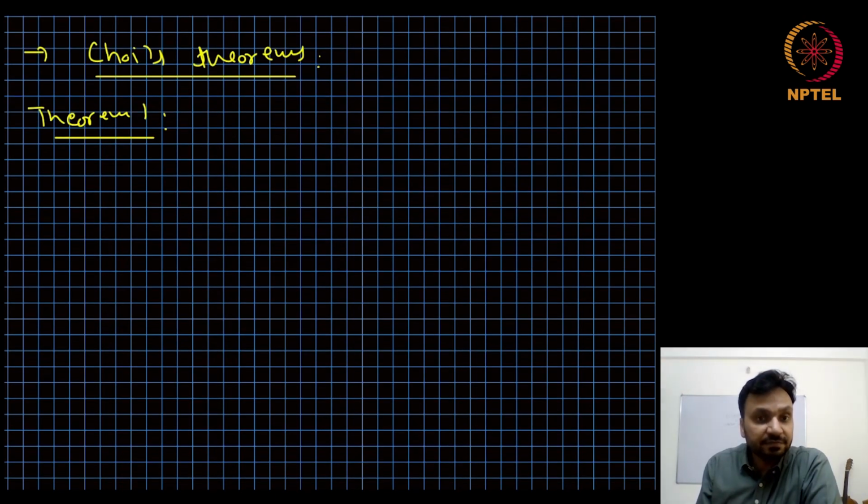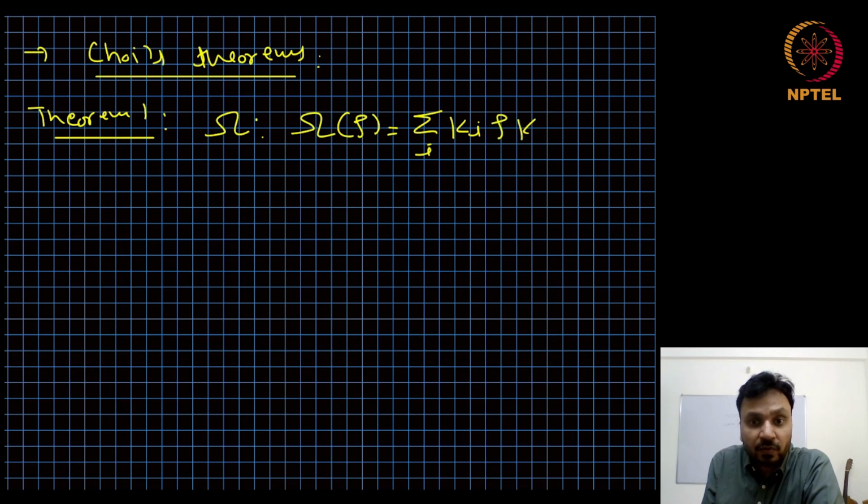The first theorem states that if we can write the action of this map on an operator rho as sum over i of K_i rho K_i dagger for an arbitrary set of operators K_i, then this map omega must be completely positive.